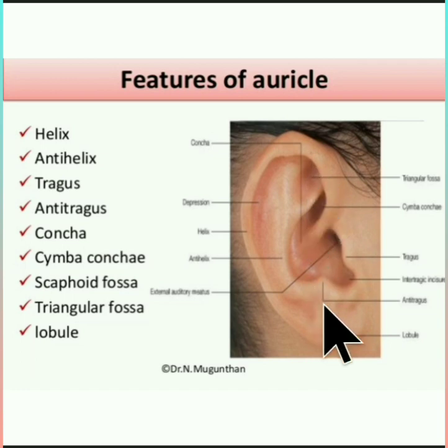And this part is called the lobule. So it consists of helix, antihelix, tragus, antitragus, concha, supraconcha, scaphoid fossa, triangular fossa and a lobule.